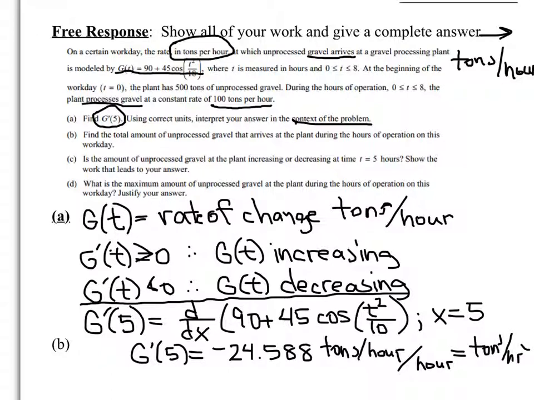So my sentence would say, in context of the problem, the rate at which gravel is arriving is decreasing by 24.588 tons per hour squared at time t equals 5. Now you're going to practice a question like this.